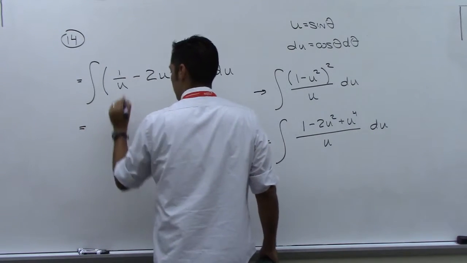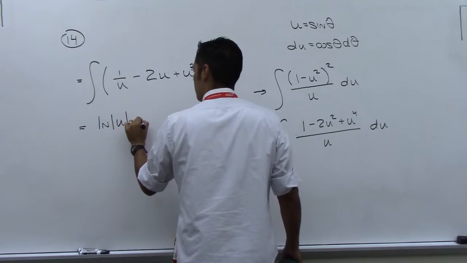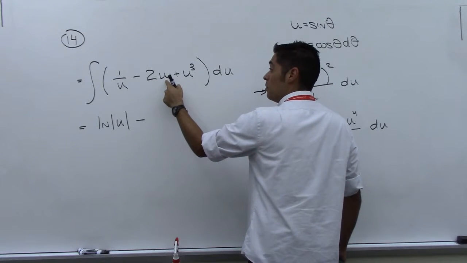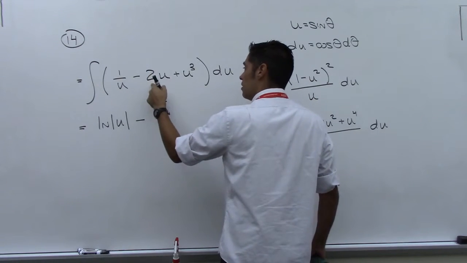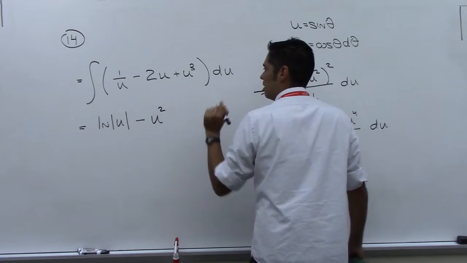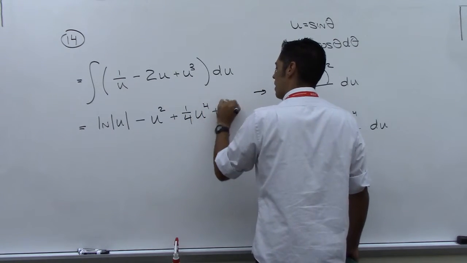And now I just take the antiderivative of each of these. So antiderivative of 1 over u is natural log absolute value of u, minus, okay, antiderivative of u is 1/2 u squared, but then I had a 2 here. The 2 and the 1/2 just go away, so I get u squared. And then the antiderivative here is 1/4 u to the 4th, then plus my constant.